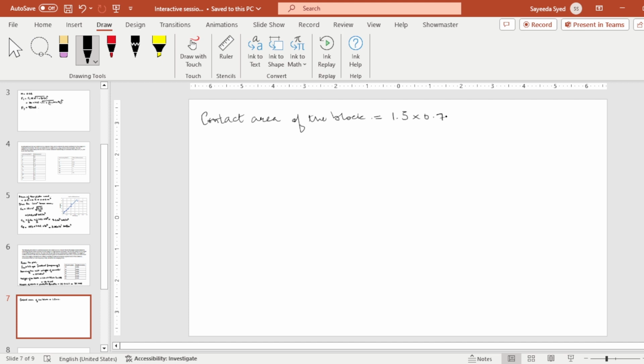To convert the kilonewton, we divide by 9.81.